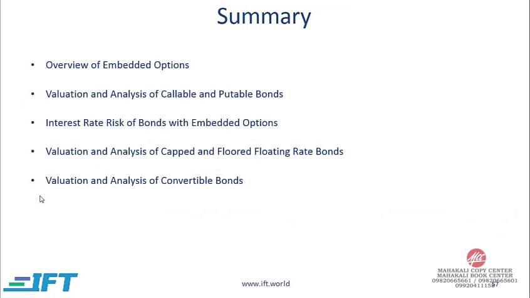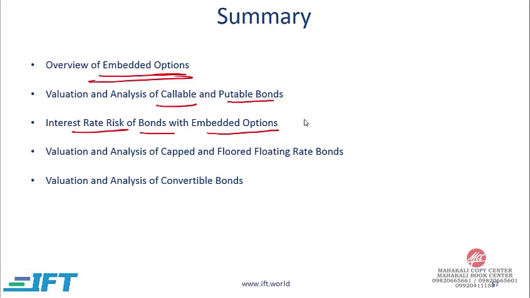That brings us to the end of this reading. We have covered a fair amount of material. We understood the concept of embedded options. Then we learned how to value callable and puttable bonds. We then looked at the interest rate risk of bonds with embedded options. Here the key formula was that of effective duration.